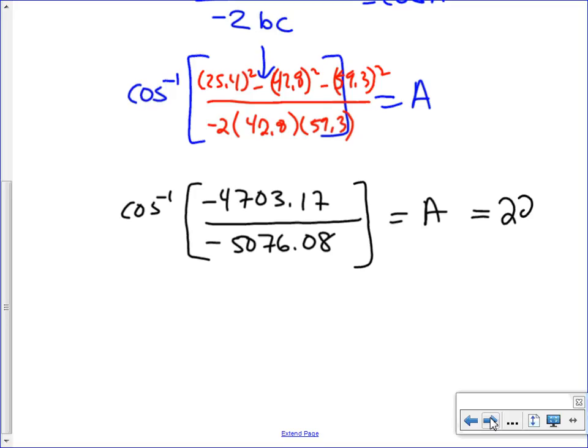It should be 22.1 degrees, if you divide it and then enter it. Well, you can now that you have an angle.